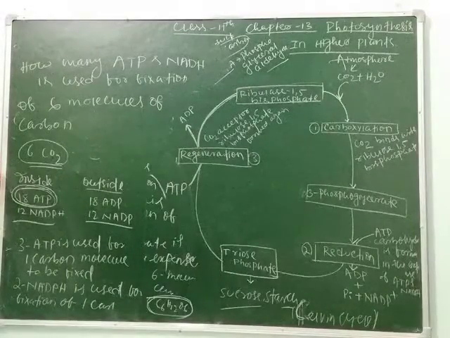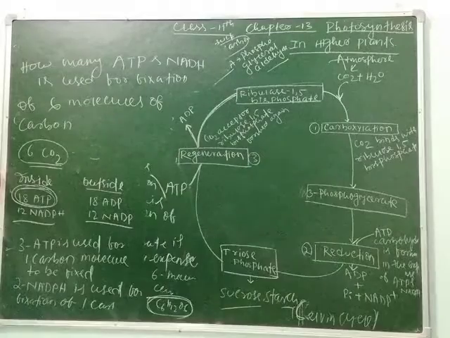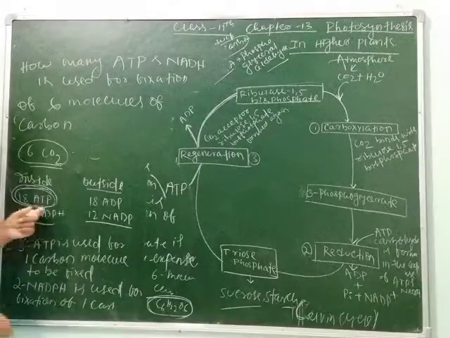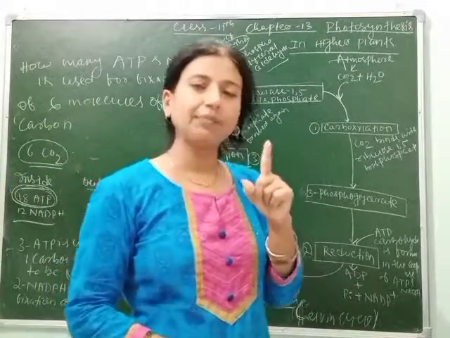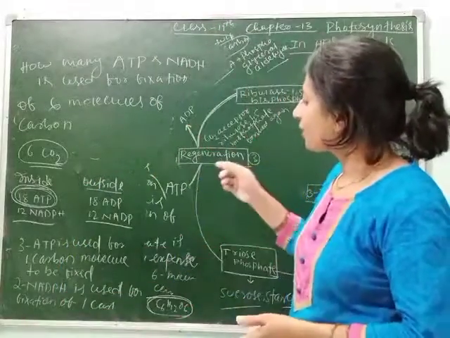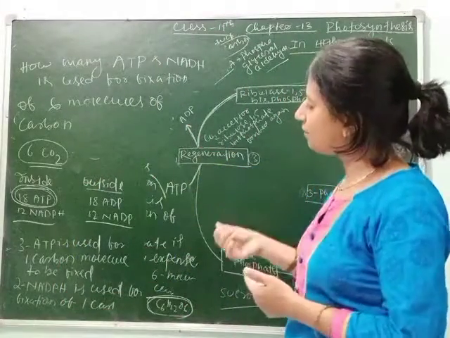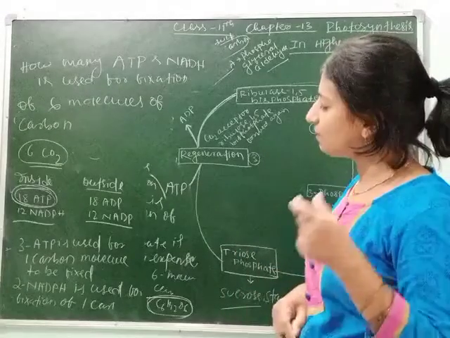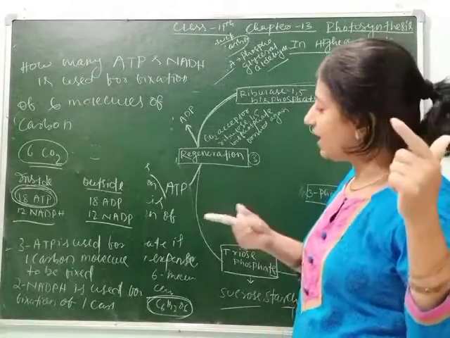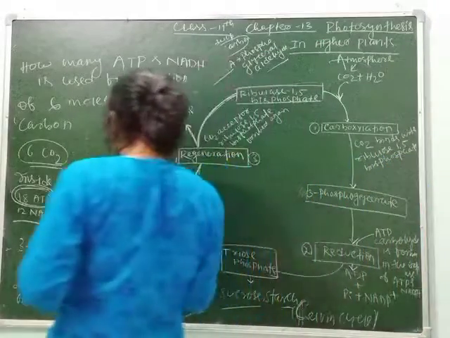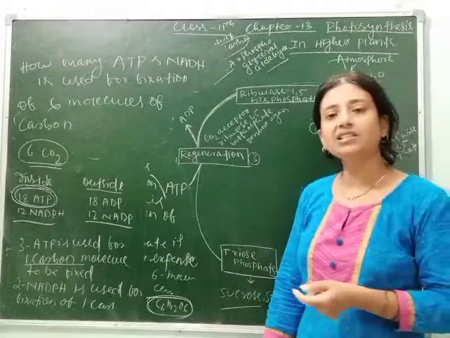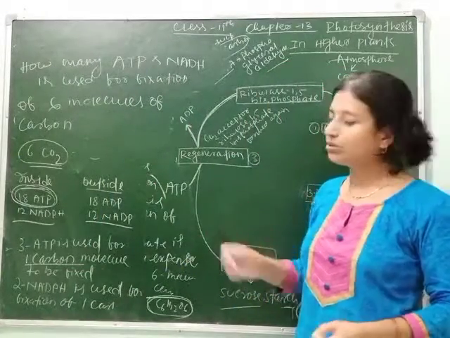For one molecule of glucose, 6 turns of the cycle are required, with 18 ATP and 12 NADPH. For the fixation of one carbon molecule, 2 NADPH and 3 ATP are needed. So students, this is all about your Calvin cycle.